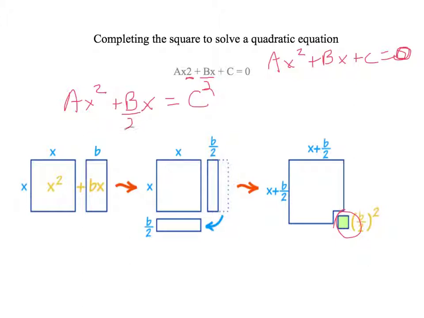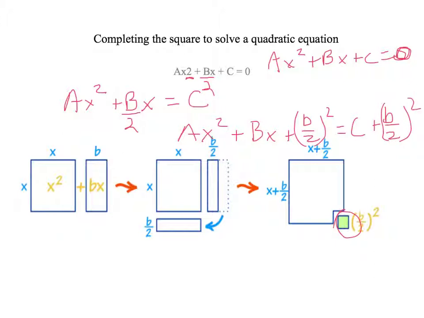I divide b by 2, and I square it, so I have ax squared plus bx plus b over 2 squared. And because I've added that over on the left-hand side, I must add it to the right-hand side. So I have c plus b over 2 squared.